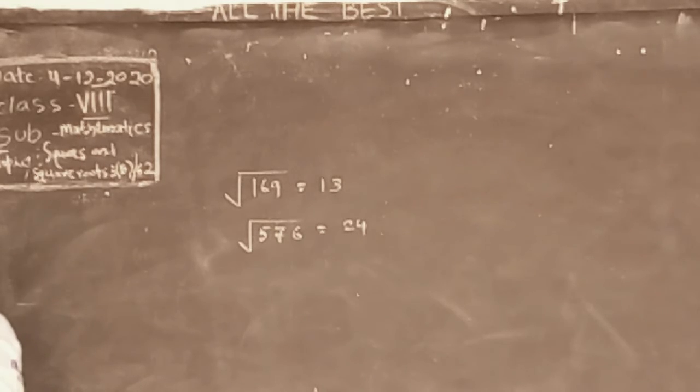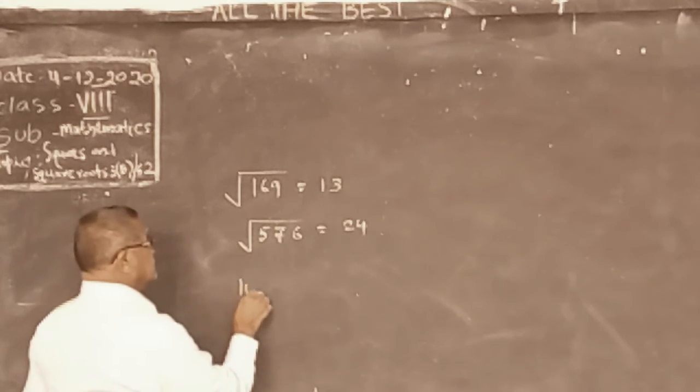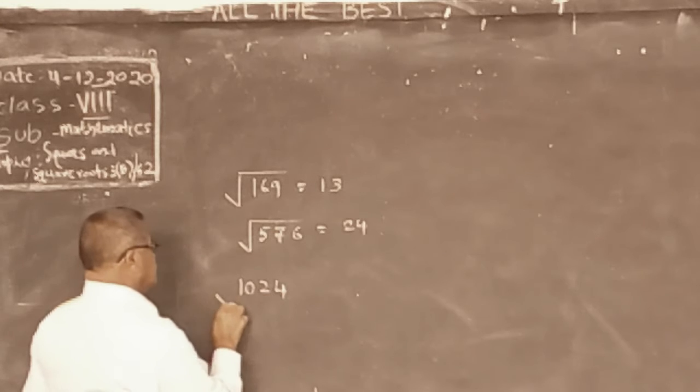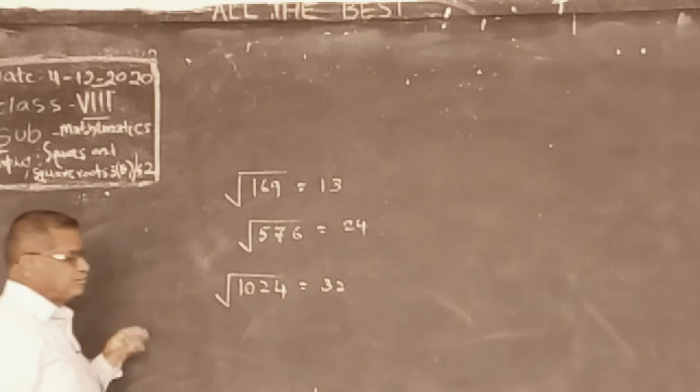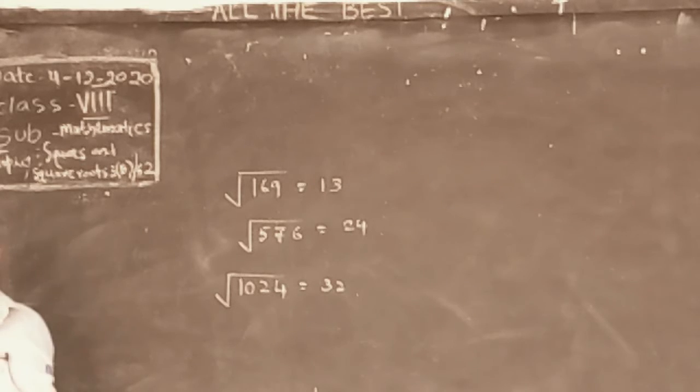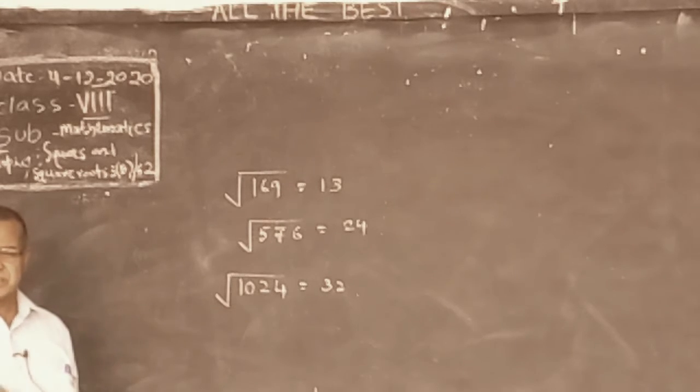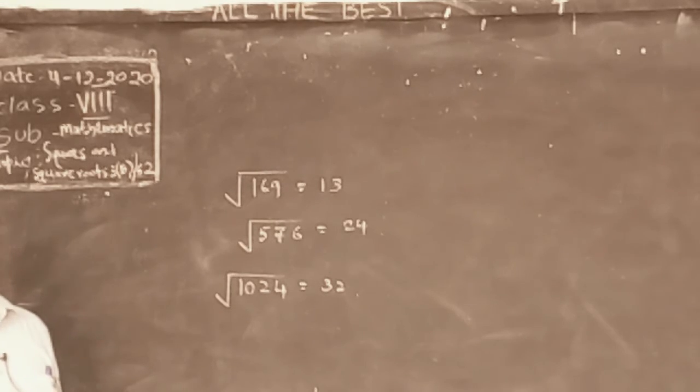For 4 digits also we get 2 digits. Suppose 5776, the root is 24. Suppose 1024, we get 2 digits here, 32. We did this in the previous class. If there are 6 digits in a perfect square, we get 3 digits in the root.